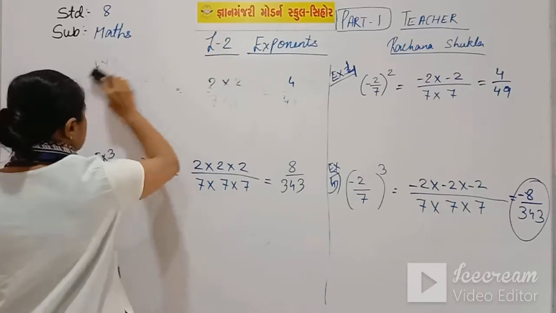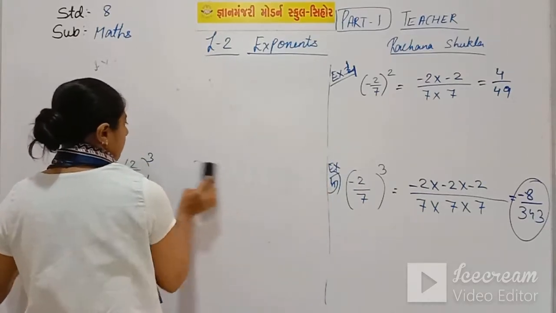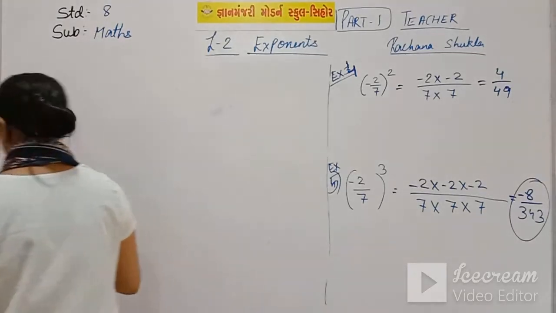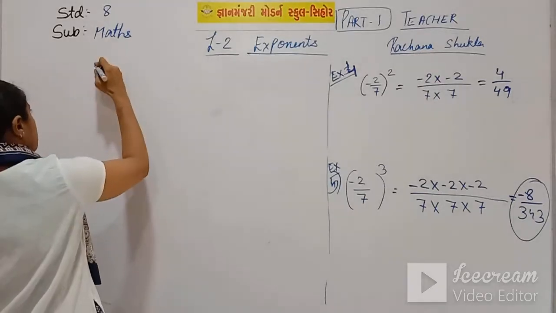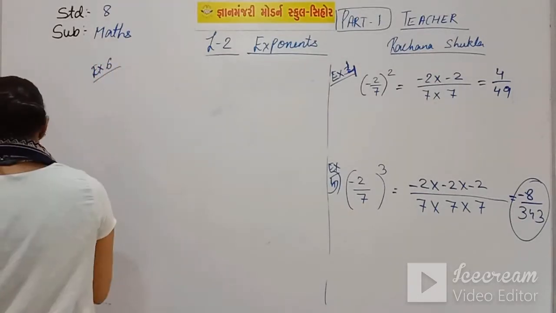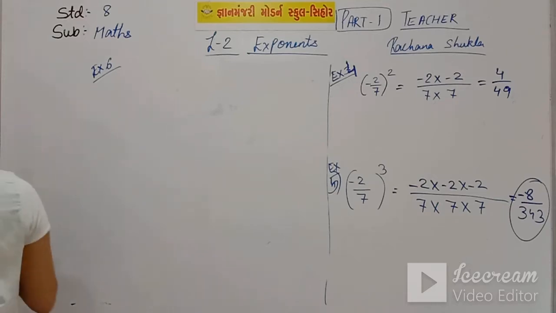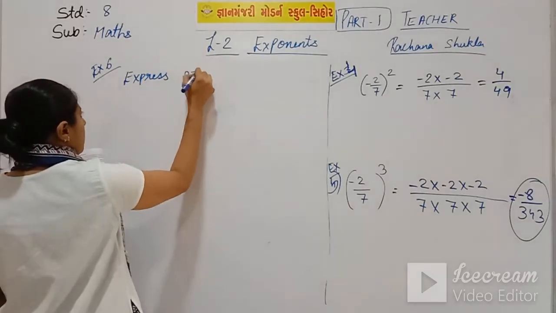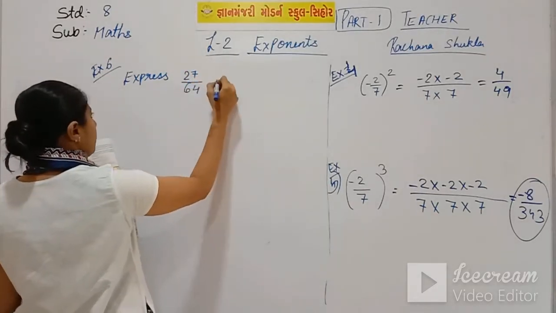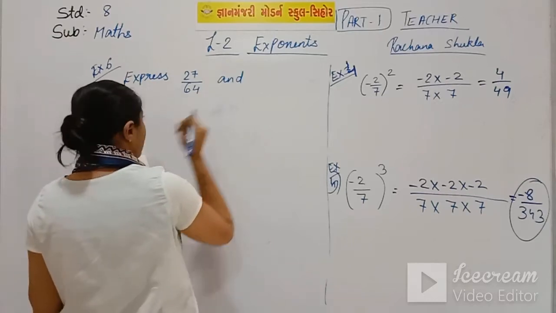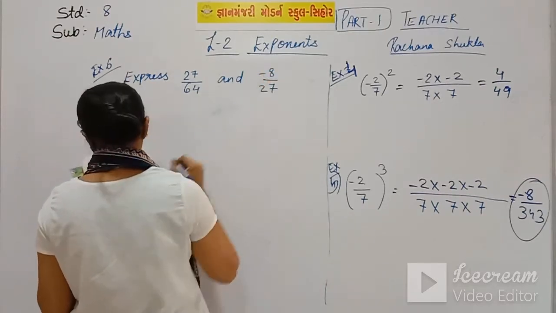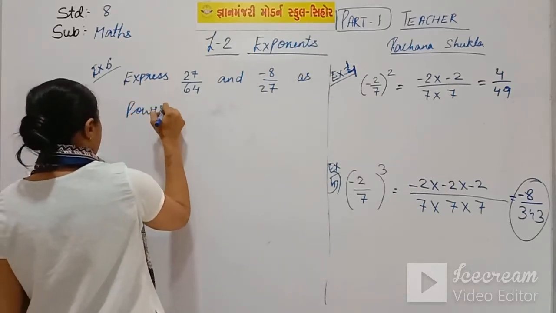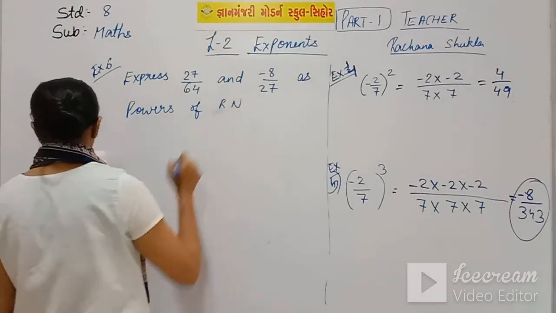Now example 6. Example 6 is 27 upon 64 and minus 8 upon 27 as powers of rational number.